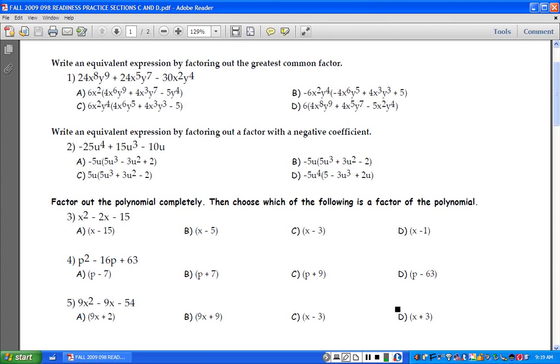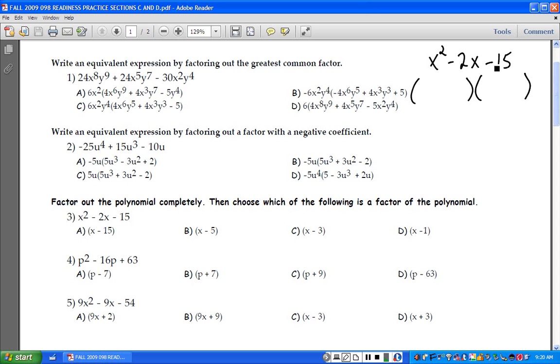So let's erase everything. Okay, number 3, x squared minus 2x minus 15. Alright, so what we're saying is if we're given x squared minus 2x minus 15, we know it's going to give us two binomial factors. Two binomials are going to be multiplied together to give us x squared minus 2x minus 15.